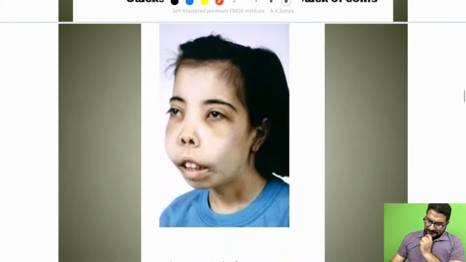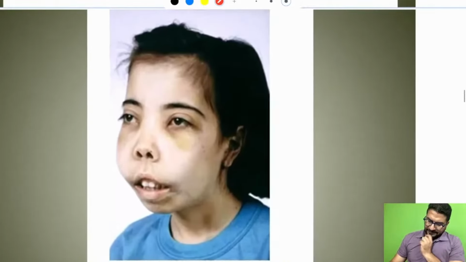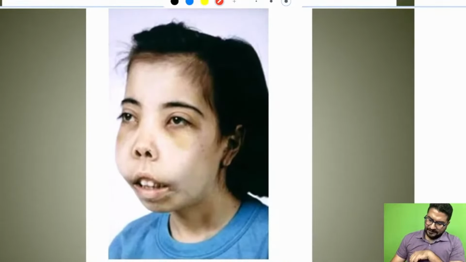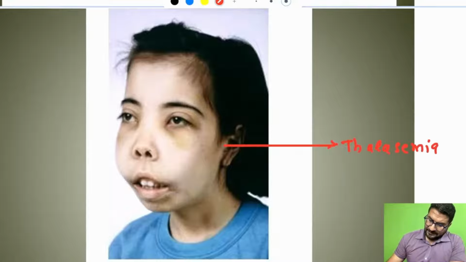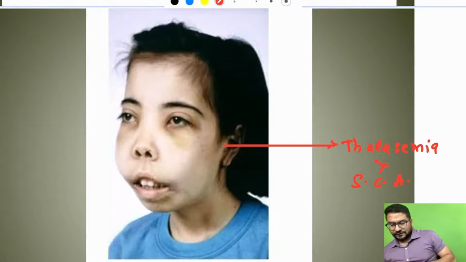Then you can notice this is called chipmunk face. Chipmunk face means now the face of the child will look like a chimpanzee or a monkey. This chipmunk face, understand, this is due to extramedullary hematopoiesis, and this is classically seen in thalassemia. It is classically seen in thalassemia, and sometimes you will see this in sickle cell anemia. अगर दोनों में से एक चुनना है, if you have to choose one, then choose thalassemia.